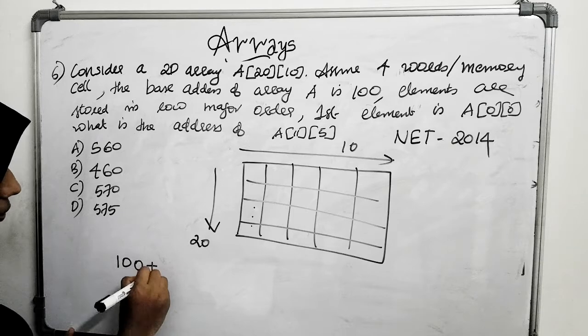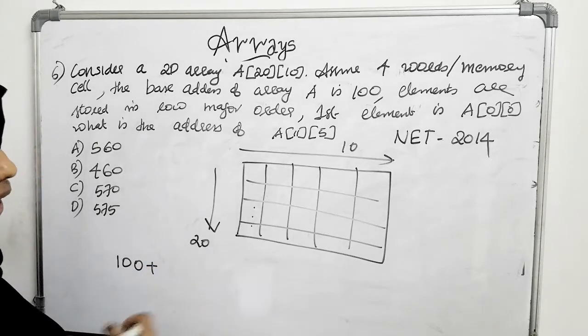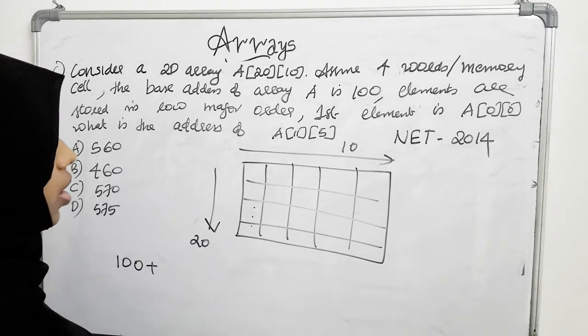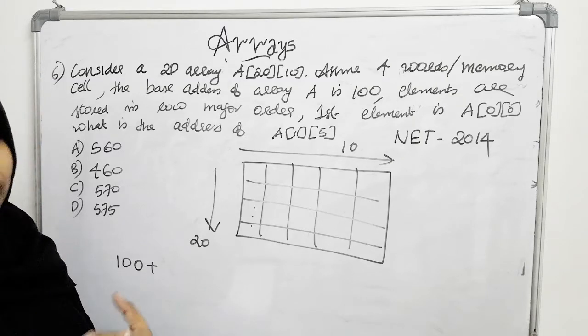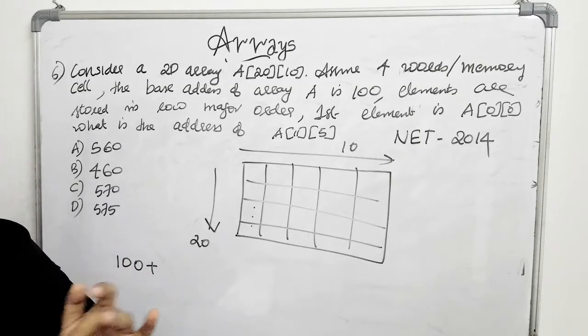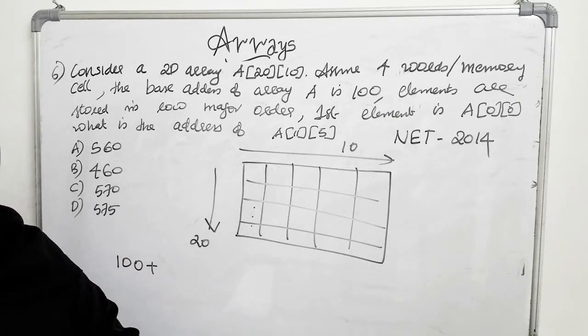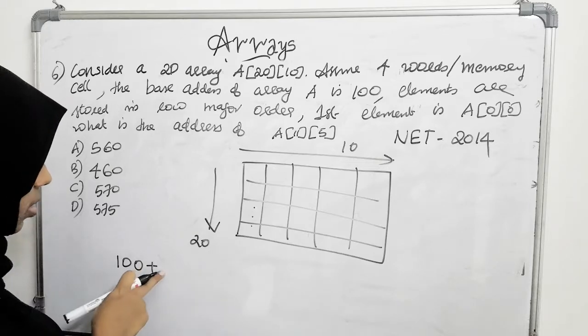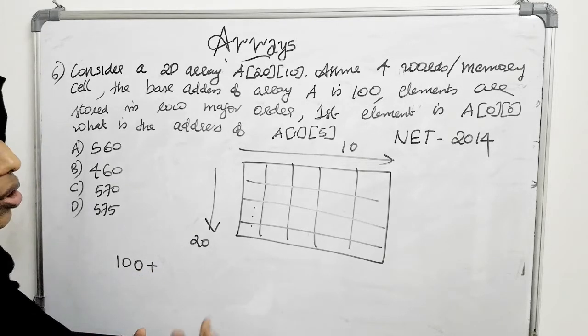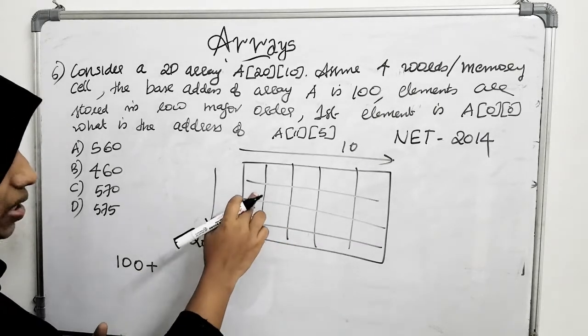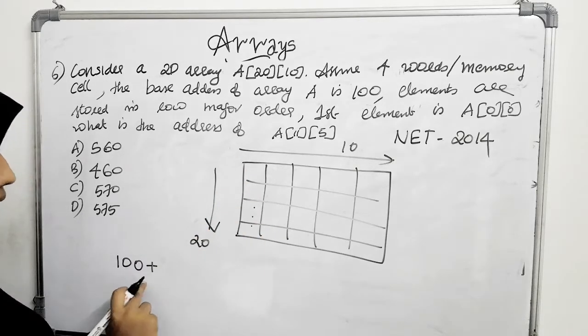So the offset we find should be added to this 100. In the previous question, we saw that &A[0][0][0] is the base address of that three-dimensional array. Here, the base address, that is &A[0][0], is 100.